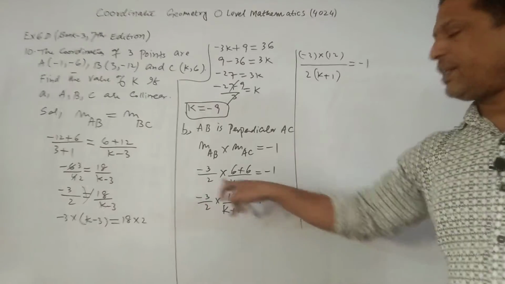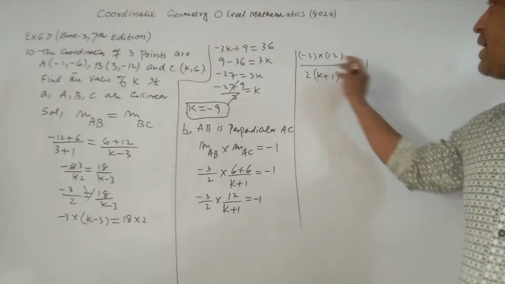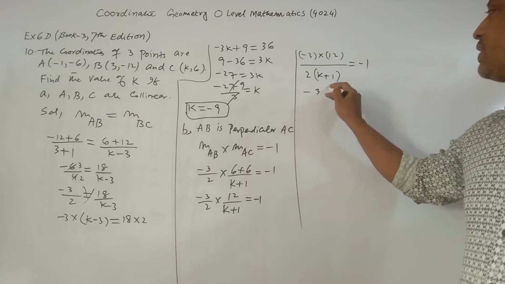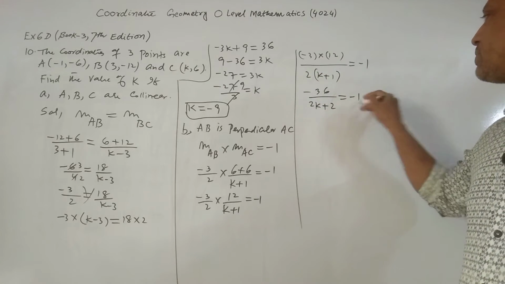Numerator multiplied by numerator and denominator multiplied by denominator. -3 into 12 is -36. 2 into k is 2k. 2 ones are 2, equals -1.